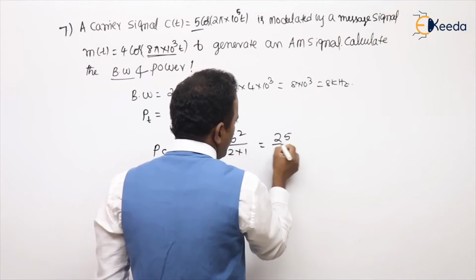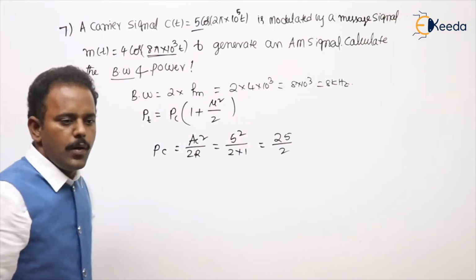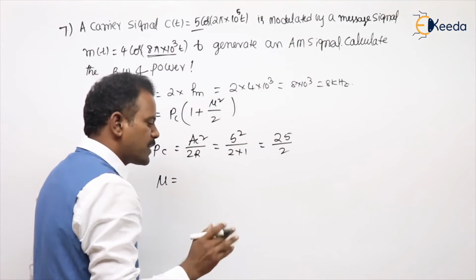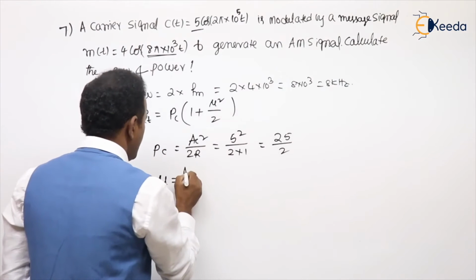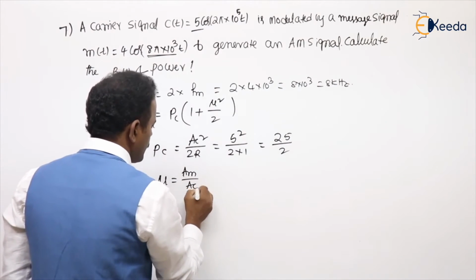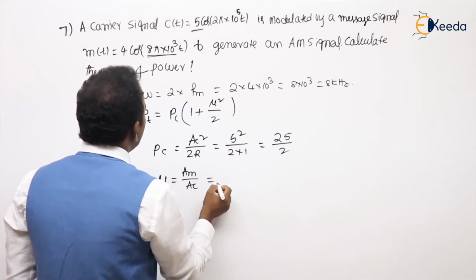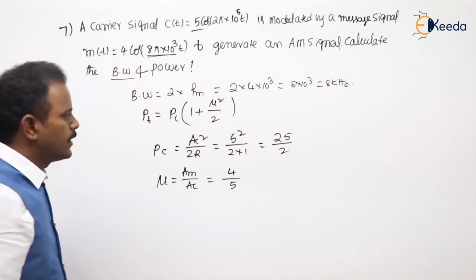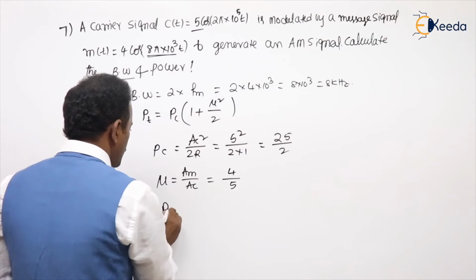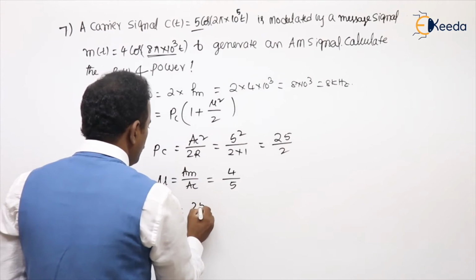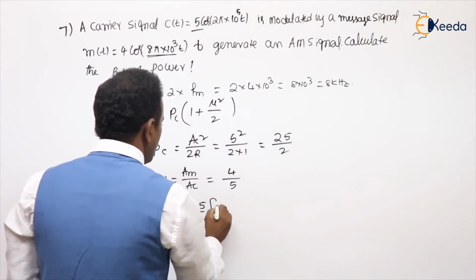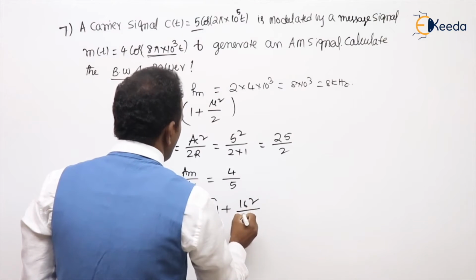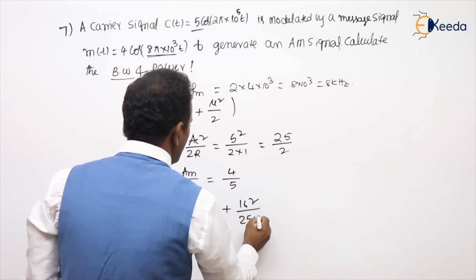So 25 by 2. What about the modulation index? Is any value specified? No. If any value is specified, take it. Otherwise, Am by AC. What is the Am value? 4. AC value 5. Then substitute in the above formula. Total power PT equal to 25 by 2 into 1 plus mu square. So 16 by 5 square will be 25 into 2.